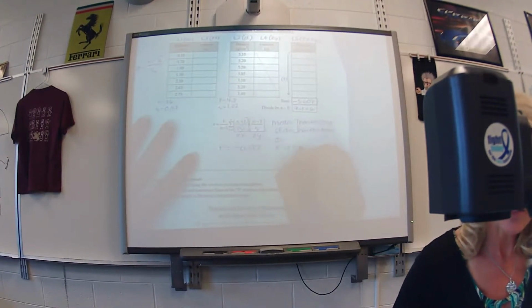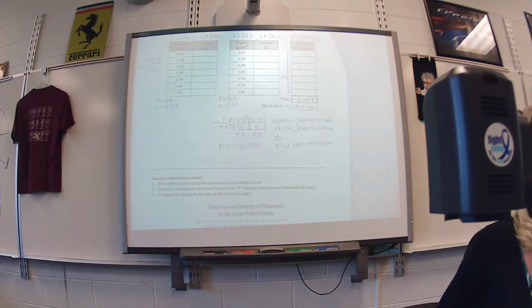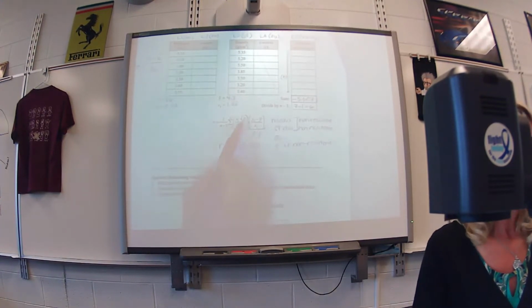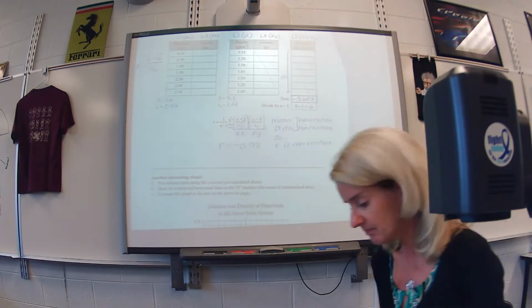So R is non-resistant. An R value will be significantly impacted by an outlier in a data set. And it all comes back to the calculations. If x bar is non-resistant and Sx is non-resistant, then R is also non-resistant, okay?